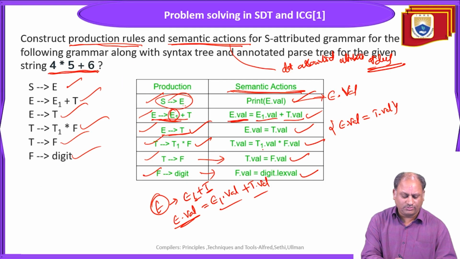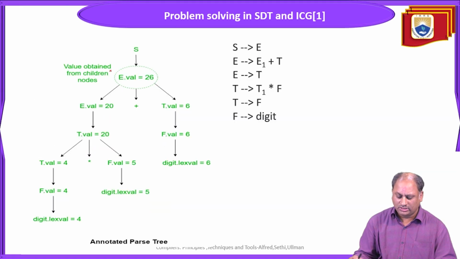So what is it? 4 star 5 plus 6. To do this task, we initially start with S, because S is the root node.